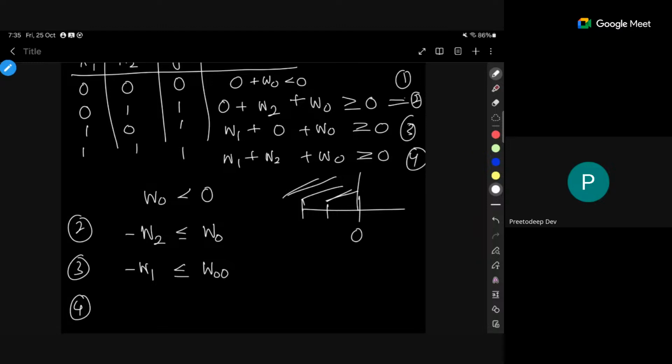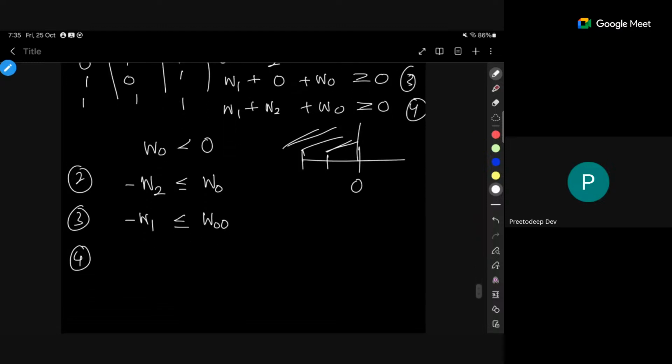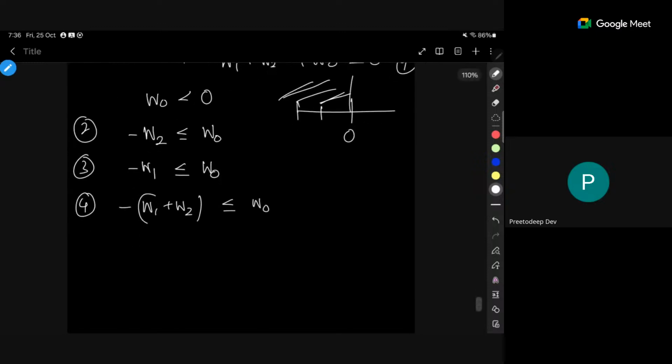W naught has to be greater than minus of this. W1 plus W2 is also a positive quantity and has to be less than W naught. So all these conditions you have to satisfy.